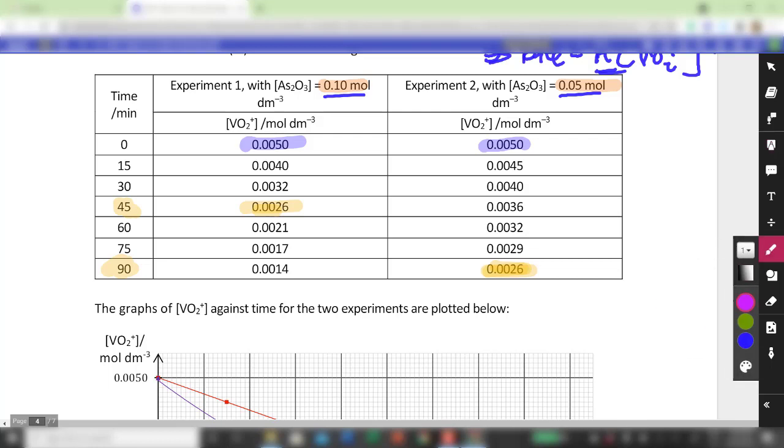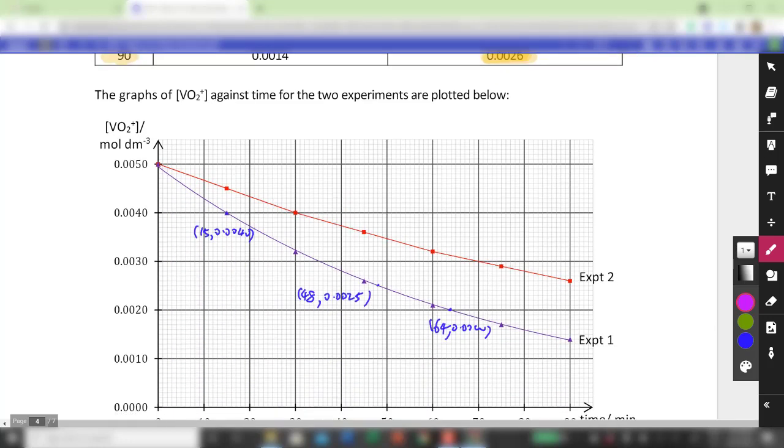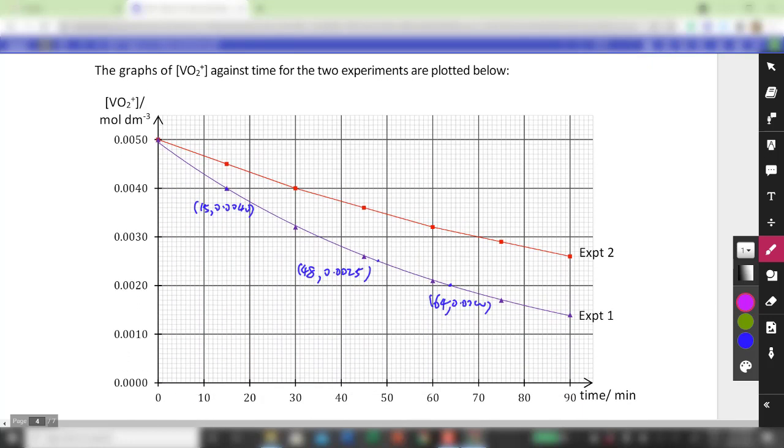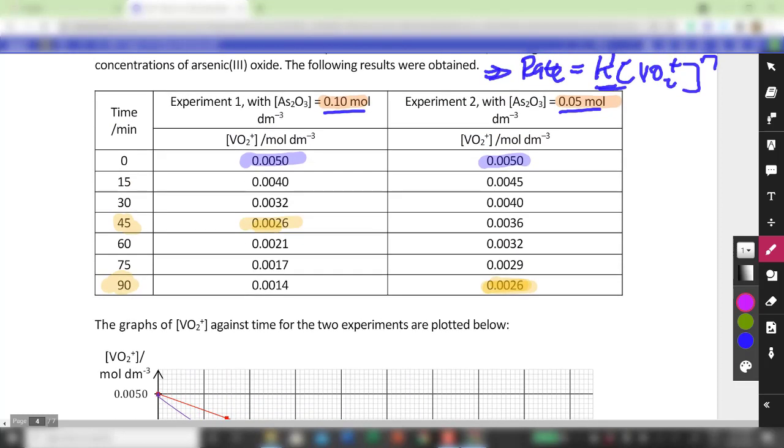However, this is a very good way to do approximation, meaning that you already know that the order of reaction with respect to As2O3 is likely to be 1. But you cannot use this as an explanation for this question. The reason is because the graphs are being plotted, so you cannot use the experimental data point as a form of argument.